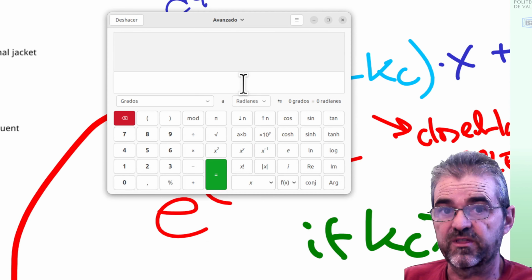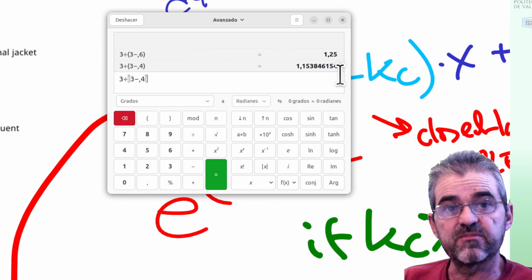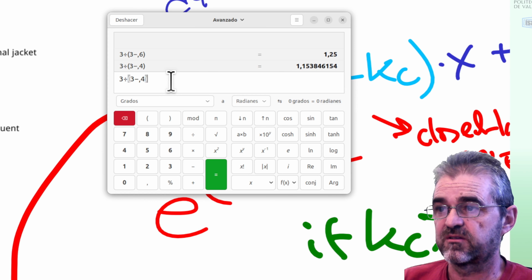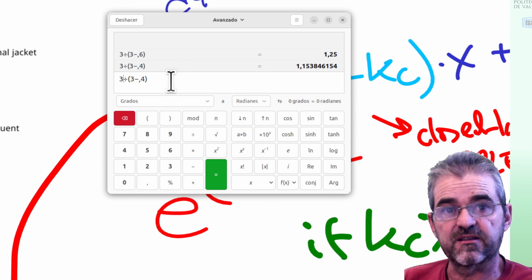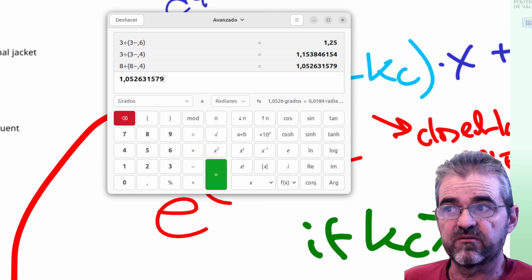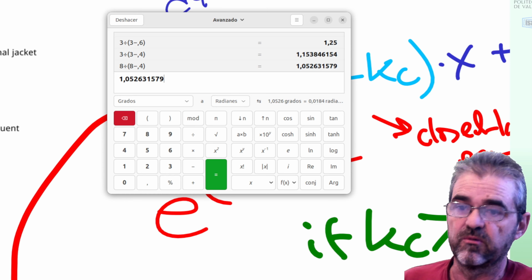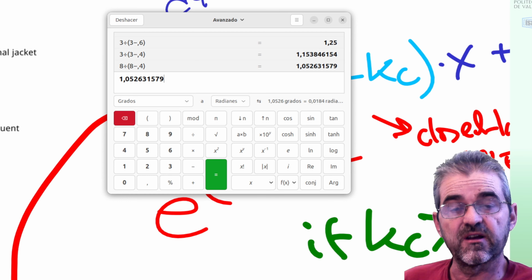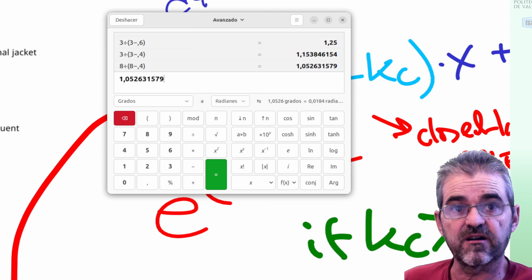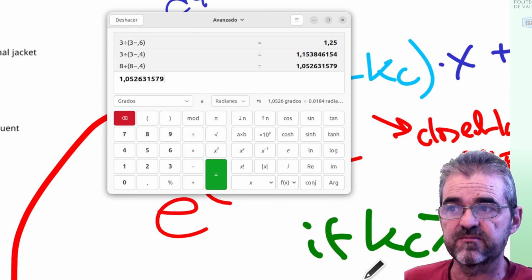Let's say with Kc equal 3, we will be 15% above our desired reference value. But if we say that Kc instead of 3 is 8, we would be only 5% above our desired value. So we will always be above it, but the larger Kc is, the larger the controller gain is, the closer to the set point we will finish.